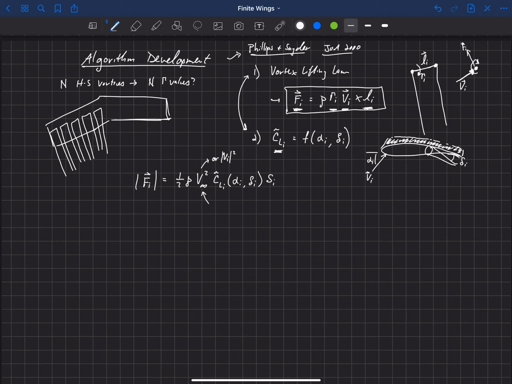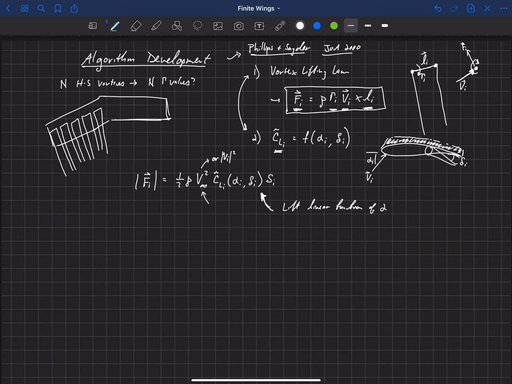Okay, so one other thing that I want to note is that this is basically the same equation that Prandtl solved in his classical version, but in his classical version, he assumed that lift was a linear function of alpha, or of angle of attack. And so he assumed that this was just a lift slope times an angle of attack. And we also could account for a flap deflection there as well.